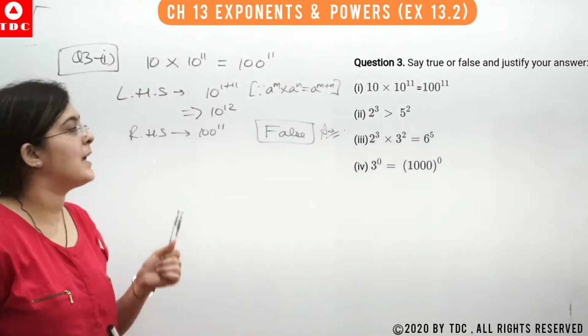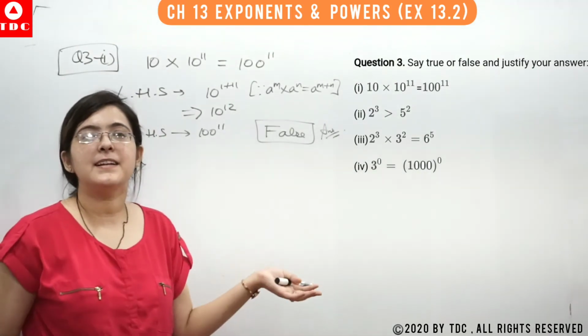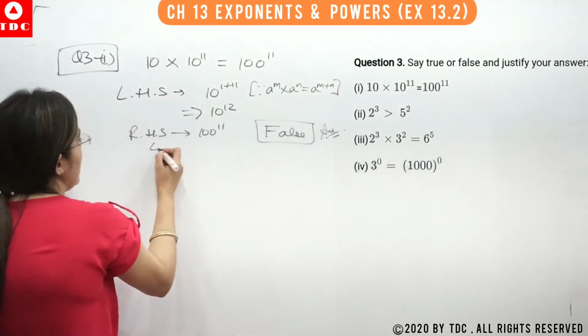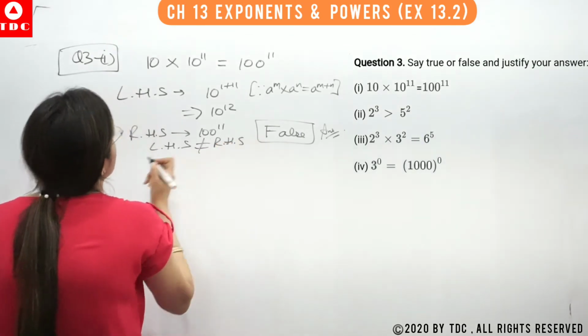Now see the second part. It is 2 to the power 3 is greater than 5 to the power 2. Here in the above question, LHS was not equal to RHS.